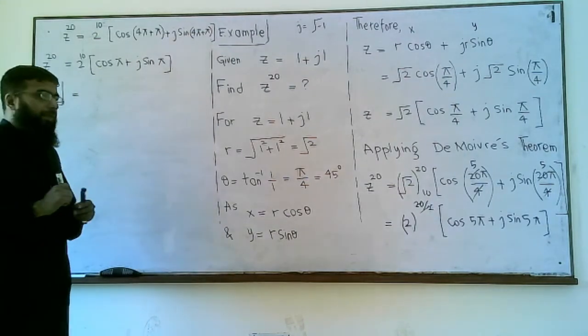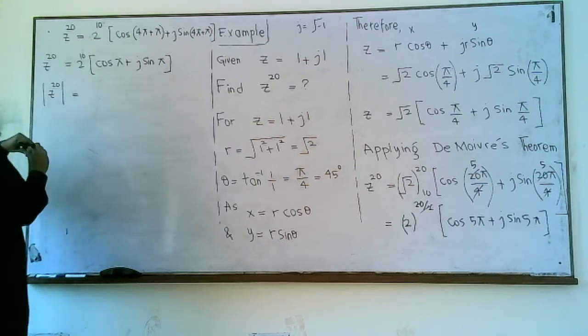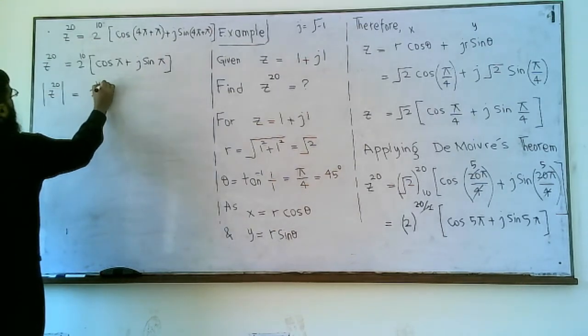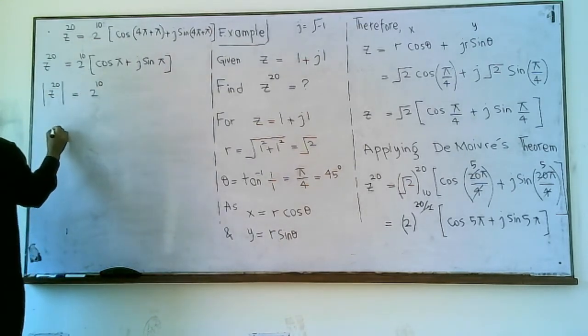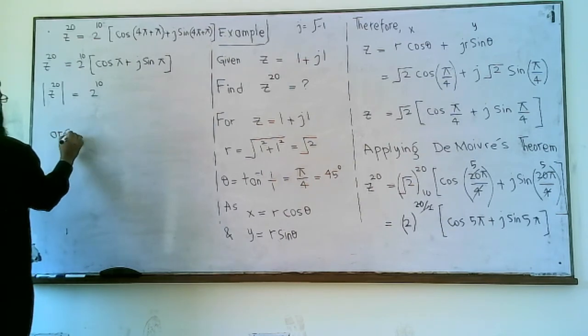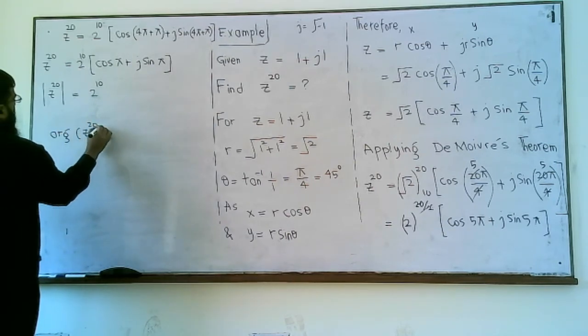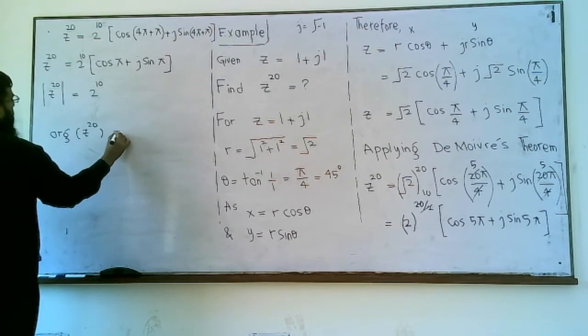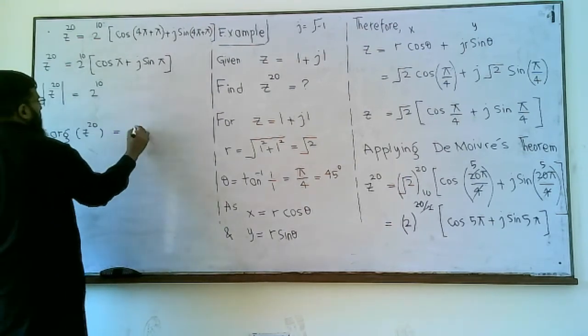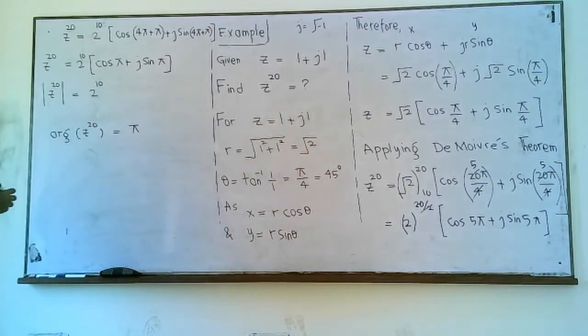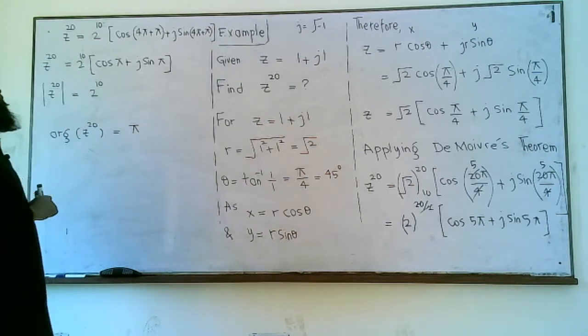If we are asked to find the magnitude of this z to the 20, that would be 2 to the 10, because this is r, the magnitude. What is the argument of z to the 20, or the angle of z to the 20? That is pi. This is pi because this is theta, right?